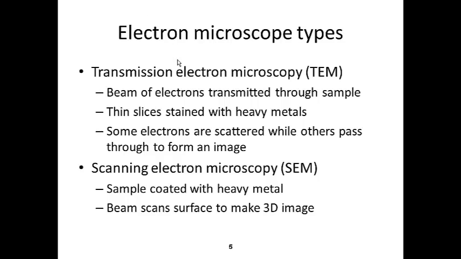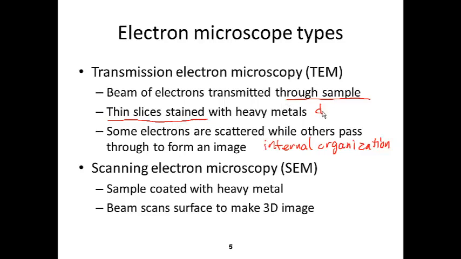There are two types of electron microscopes. You have transmission electron microscopes, in which the beam of electrons is transmitted through the sample, giving us a sense of the internal organization of a specimen. Notice that thin slices of the specimen are stained with heavy metals.